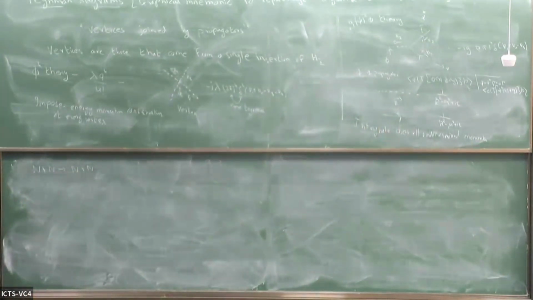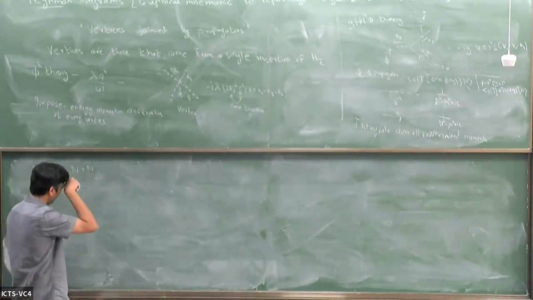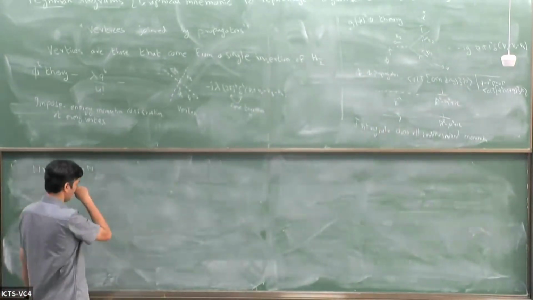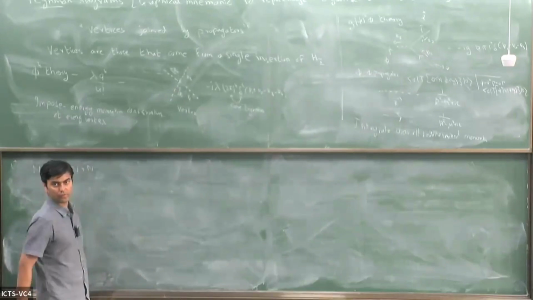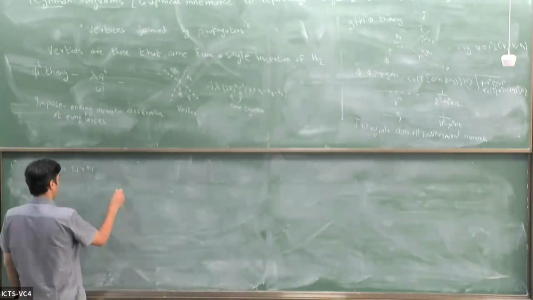Okay. So what are the different kinds of diagrams we can draw? We have to attach those kinds of lines, right?